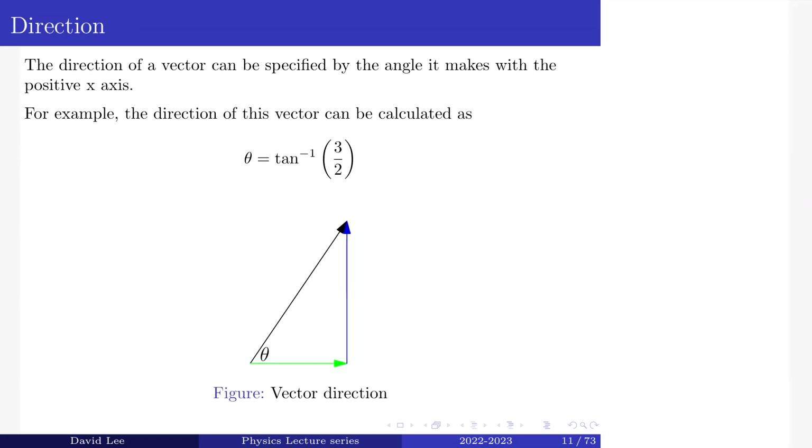And vectors also have a direction, and you can compute that using arctangent. So if you can see here that this side is 3 and this side is 2, then you can compute this angle as arctangent 3/2.